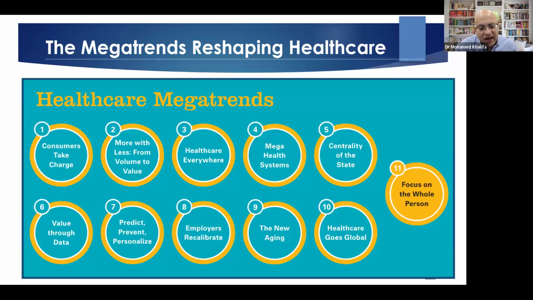Healthcare everywhere, because we have smartphones, wearable devices, connectivity, interoperability between systems. Everything is connected to everything else. Mega healthcare systems, because we have more mergers, more public health systems, like in Australia, for example, which is a mega health system.